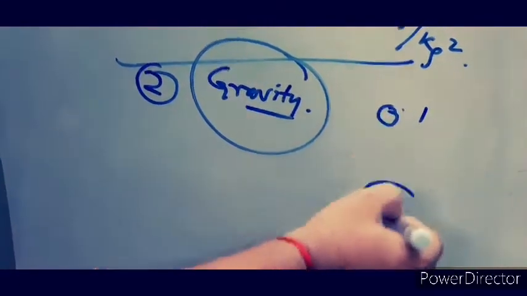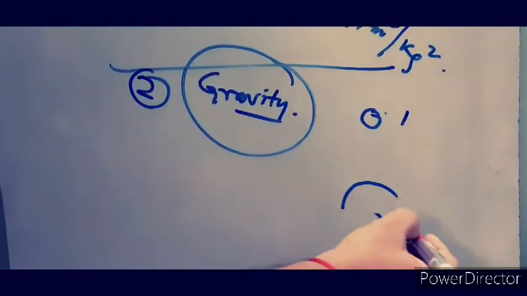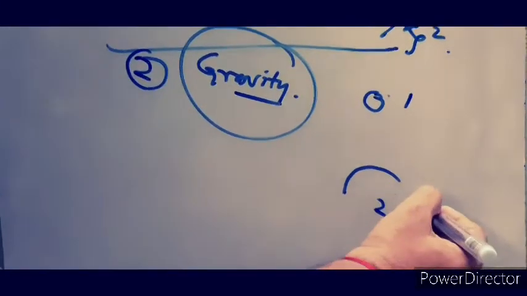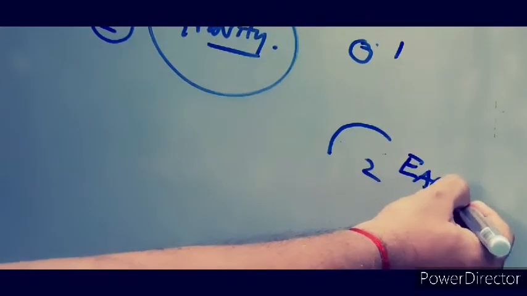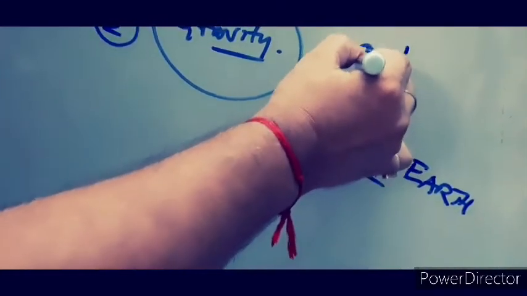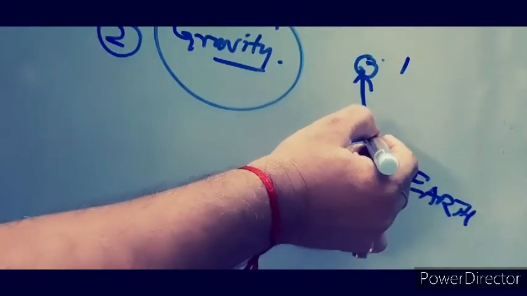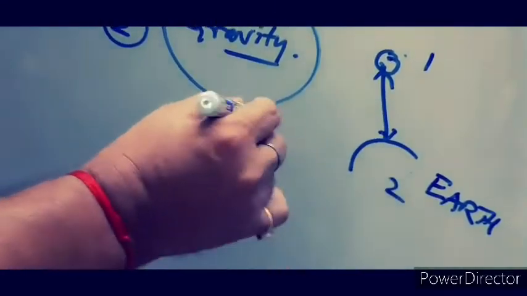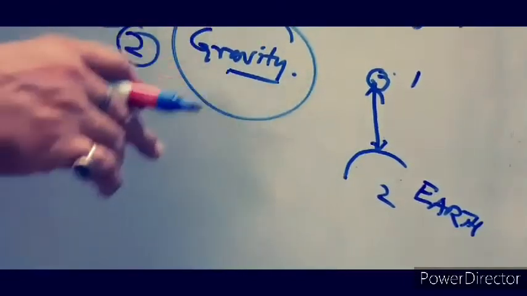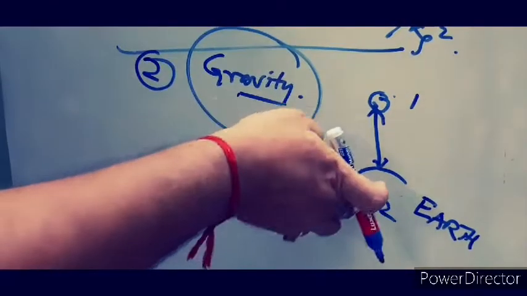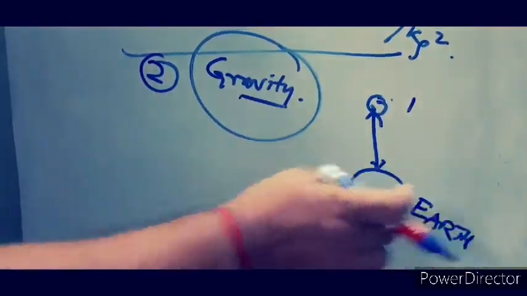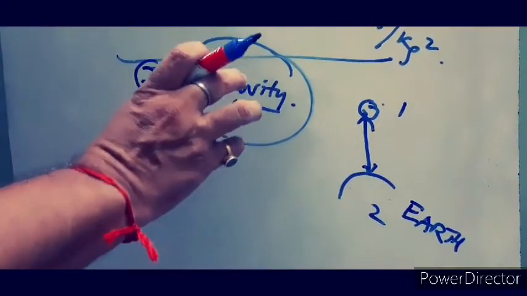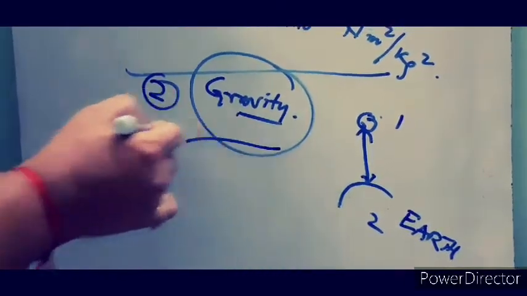If one of the two objects is Earth, then the force between this object and the Earth is known as gravity. So gravity is the same thing, the force of gravitation, but one of the objects becomes Earth.